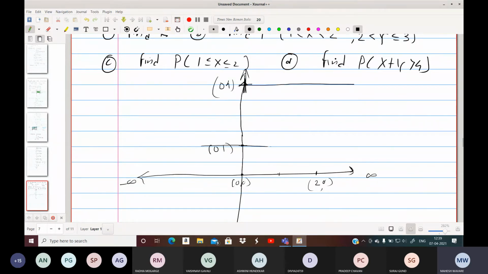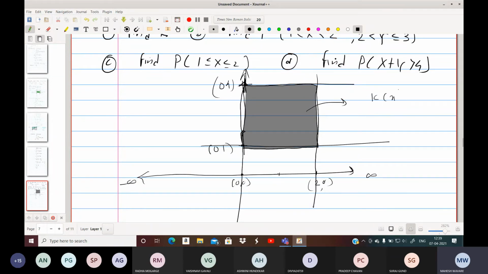So draw all 4 lines. This will definitely be a rectangle. In this region your function has the value k times (x square plus y square), and outside of this the function value is 0.